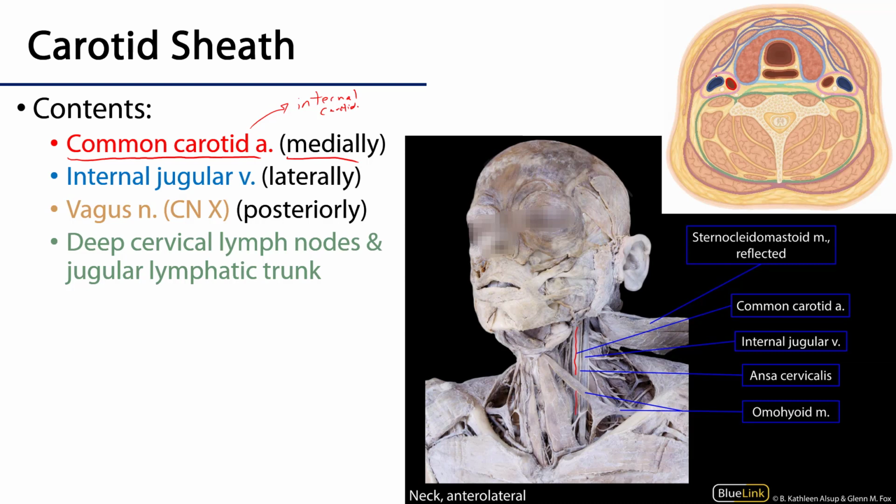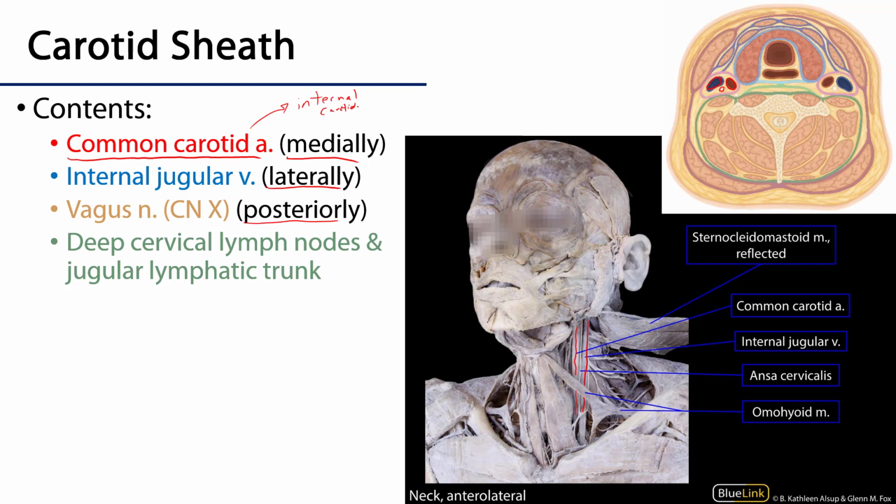Laterally, we have the internal jugular vein. So IJ is a lateral feature within the sheath, going down. And nestled between IJ and common carotid is the vagus nerve. Vagus is posterior to these elements and oftentimes nestled between the common carotid and the IJ.